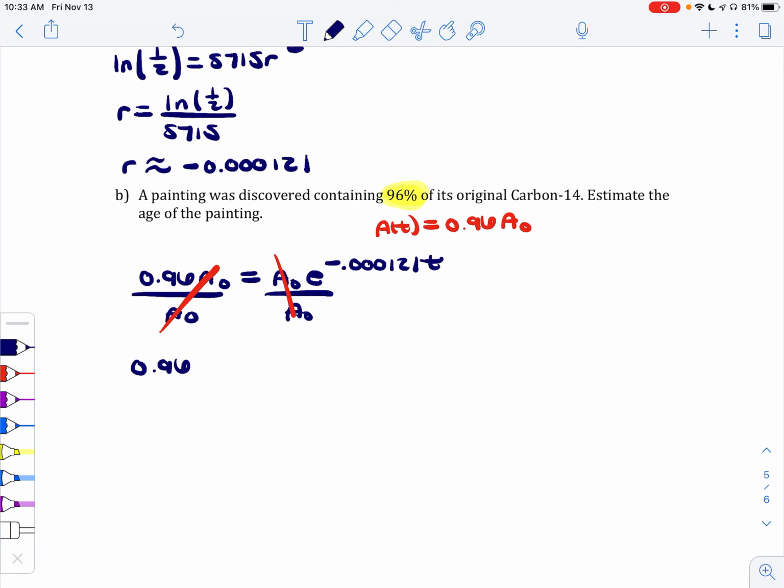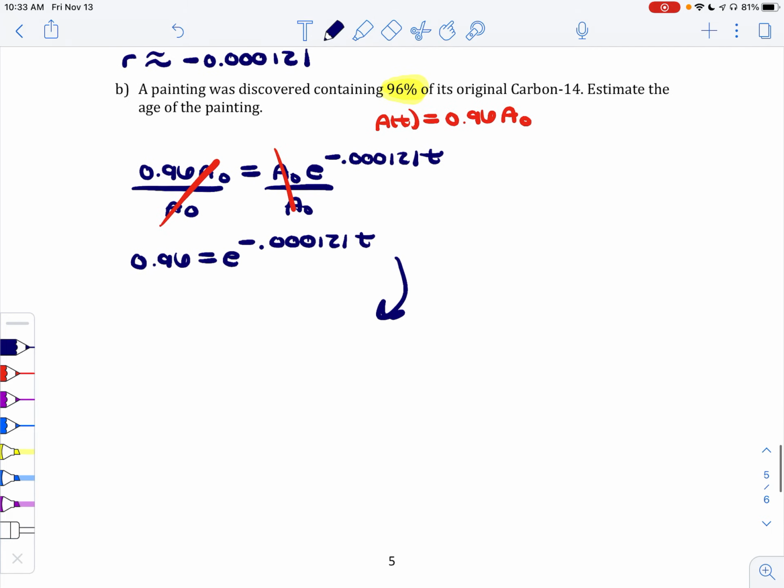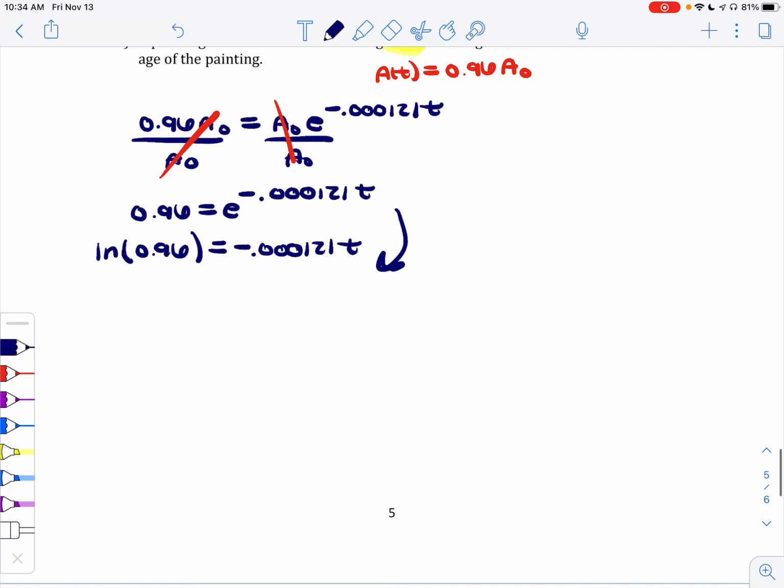Well, 0.96 equals e to the negative 0.000121 t. Switch it into log form. That becomes natural log of 0.96 equals negative 0.000121 t.